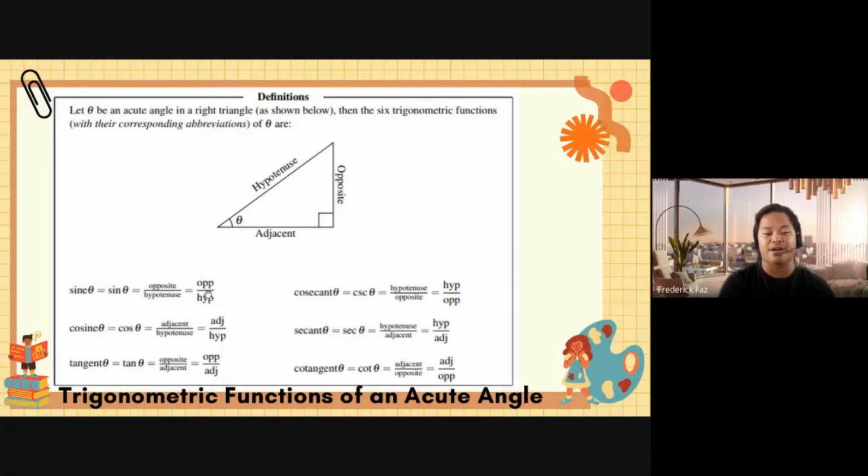So opposite over hypotenuse, so magiging hypotenuse over opposite. Same with adjacent over hypotenuse, so magiging hypotenuse over adjacent. And for tangent, opposite over adjacent, so ang cotangent is adjacent over opposite po. So ito po yung ating katandaan para mas madali po nating mahanap yung mga values ng six trigonometric functions.